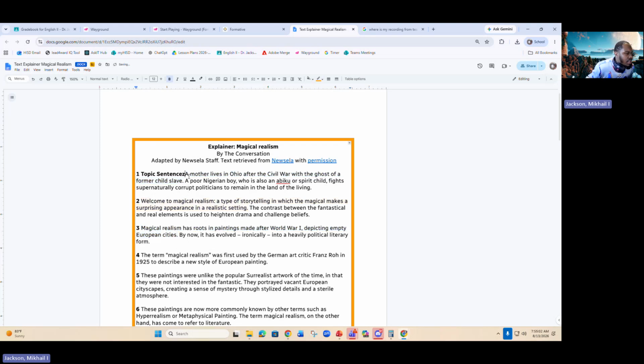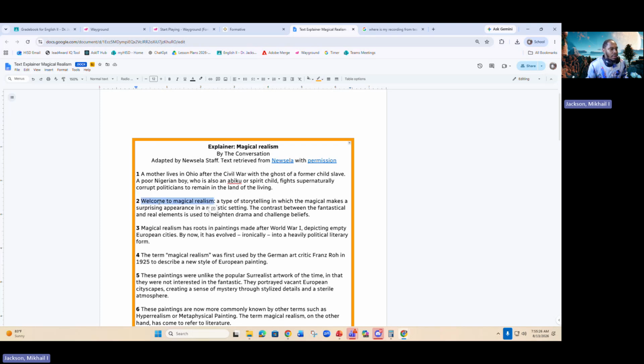So again, this topic sentence in paragraph one: a mother lives in Ohio after the Civil War with the ghost of a former child slave. A poor Nigerian boy is also an Abiku, or spirit child. So I'm already connecting this to magical realism. This paragraph is really introducing the second paragraph, Welcome to magical realism.